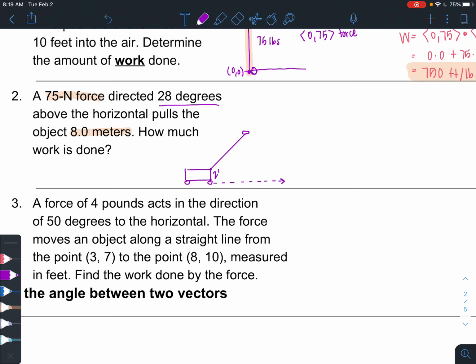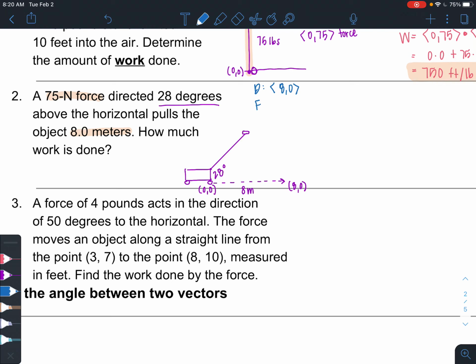It's being pulled above the horizontal at 28 degrees, and it's pulled 8 meters. If this is 0, 0, then it's going to 8, 0. So the movement vector, or D, is 8, 0.